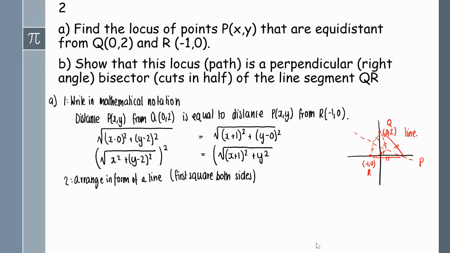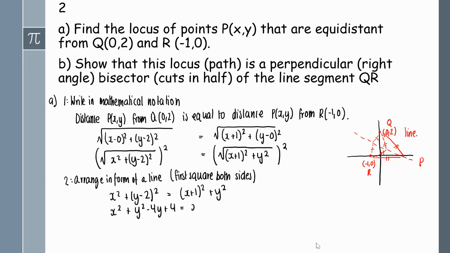If I square the left-hand side and I square the right-hand side, I just remove the square root signs. Then I'm going to rearrange and try and get y on one side by itself.